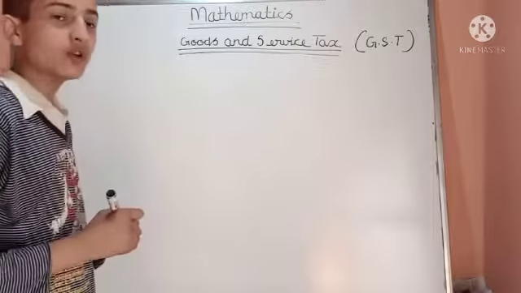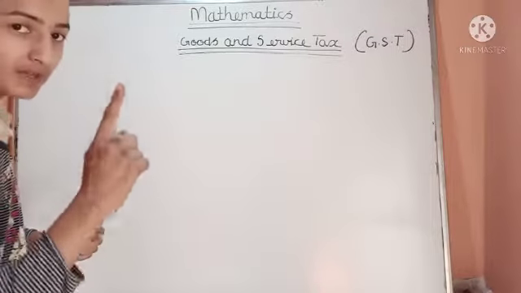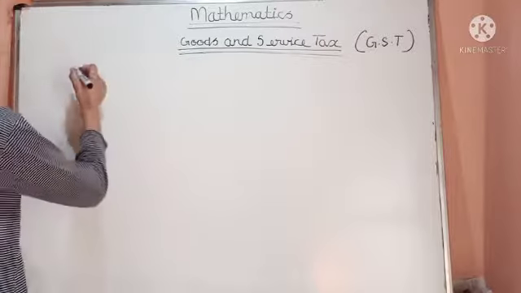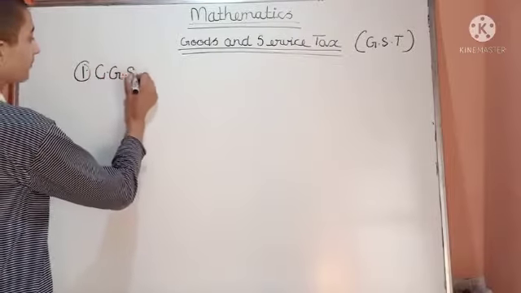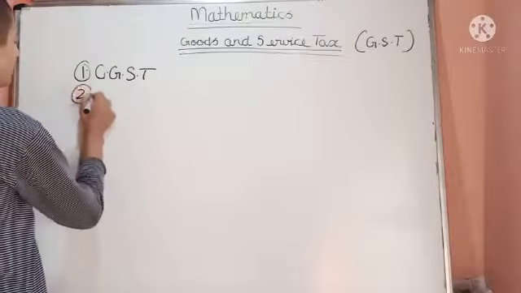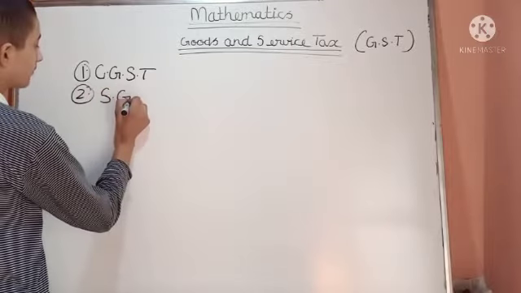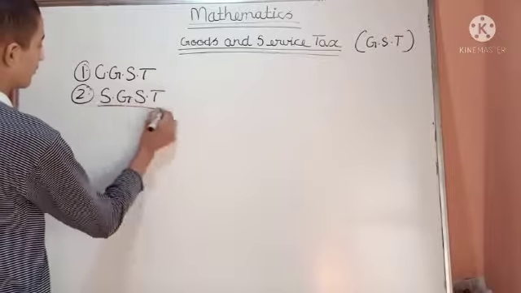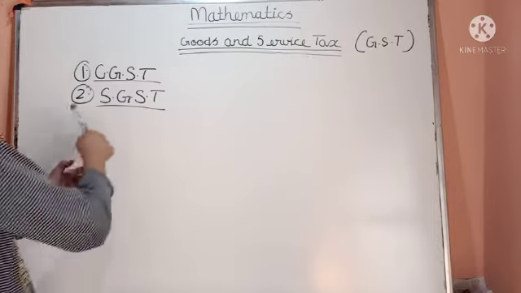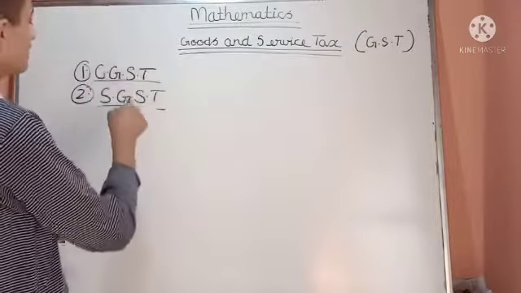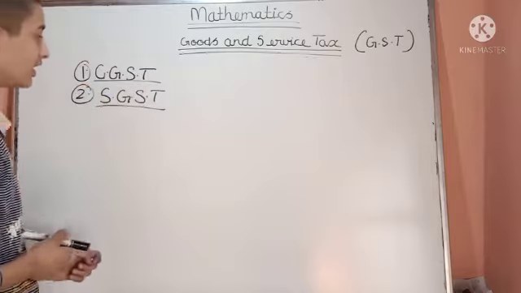In my last video I told you about two types of taxes. Do you remember them? Yes. First is CGST, another was SGST. I told you that the tax paid to the central government is CGST and the tax paid to the state government is SGST.